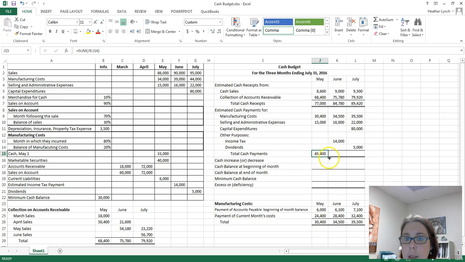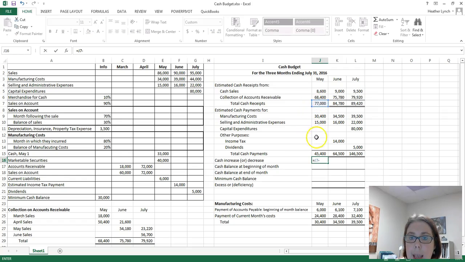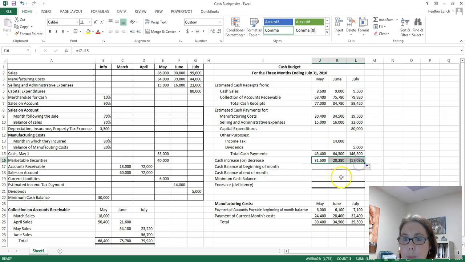Okay, so I can add all of our cash payments. So then this gives us the difference between our cash receipts and our cash payments of $31,600. I'm going to copy that across. Okay, right now it looks bad. Beginning cash balance.